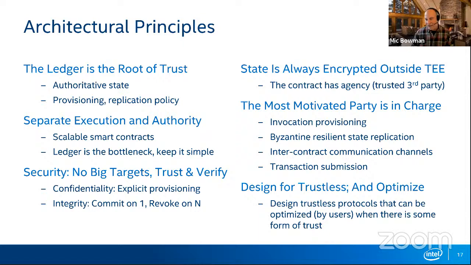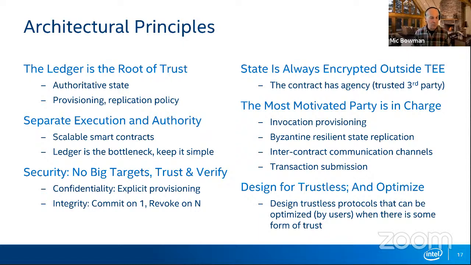And this is kind of what I mean, that we separate out the notion of execution of the contract from authority or commit of that contract. Authority and commit is the job of the ledger. Execution is the job of the contract enclave.